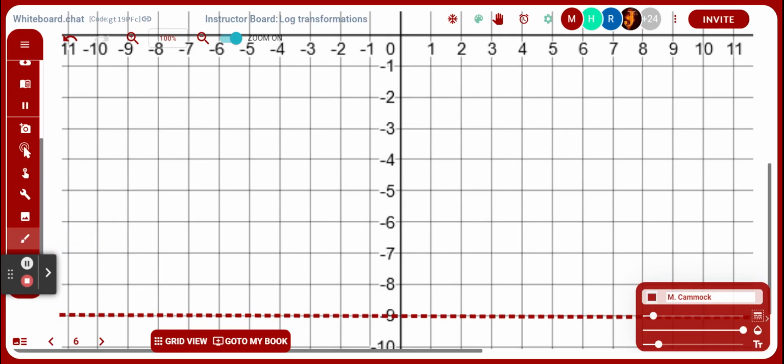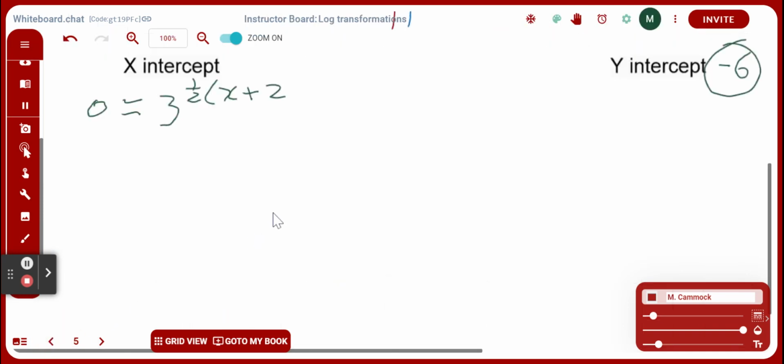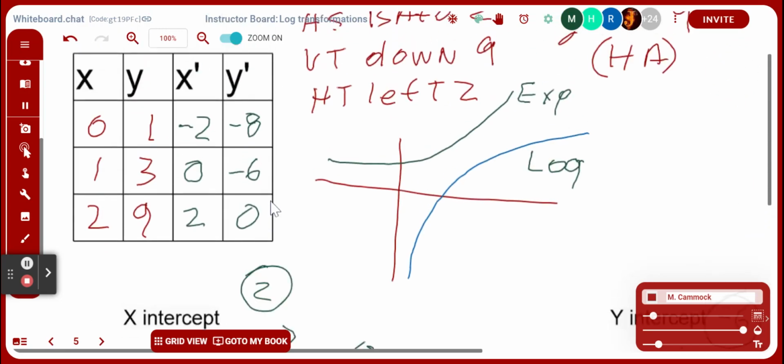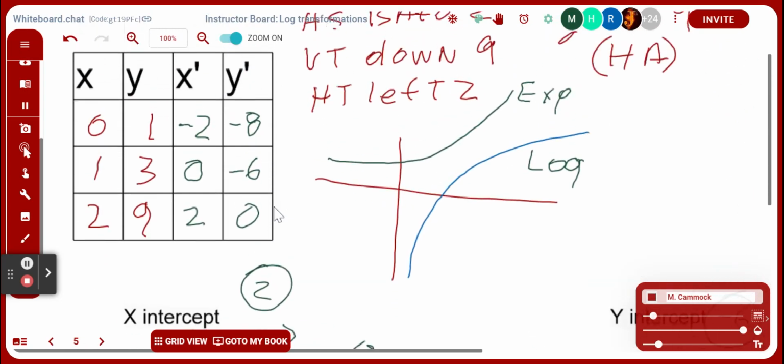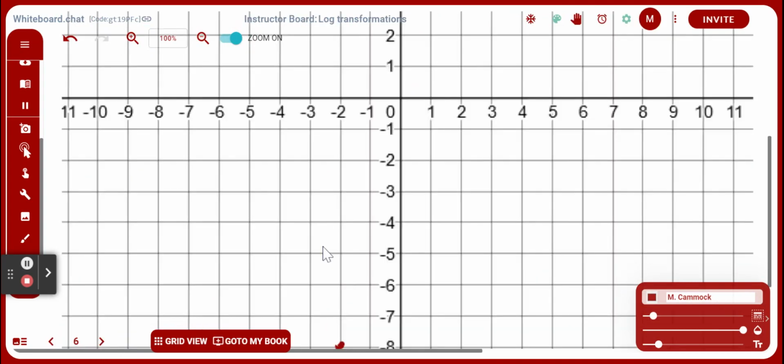So (-2, -8) would be somewhere around here. And I also had (0, -6) and (2, 0). (0, -6) is here, and (2, 0) is here.